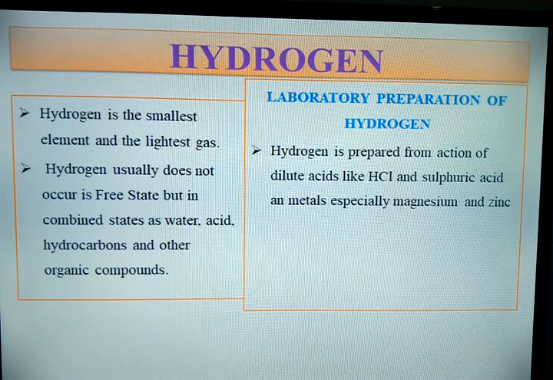We can use dilute hydrochloric acid, and sometimes we also use dilute sulfuric acid. We use the action of those two acids on different metals, but especially in the lab we use magnesium or zinc.